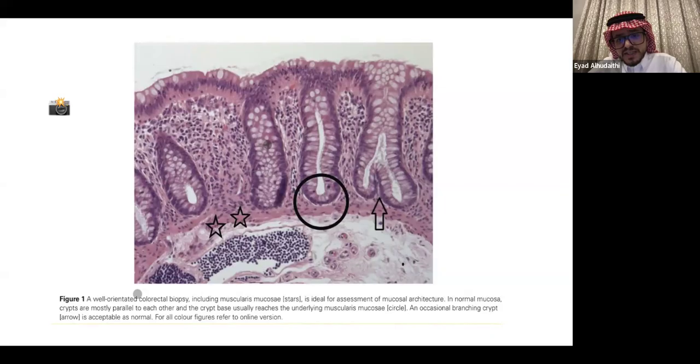If you see a branched crypt, as denoted by the arrow on the right side, and you find it occasionally, this is normal, but if you find it a lot in a slide, this is abnormal. Normally, it should be two adjacent crypts reaching the muscularis mucosa. If you find it shortened, this is atrophy, and it is abnormal.